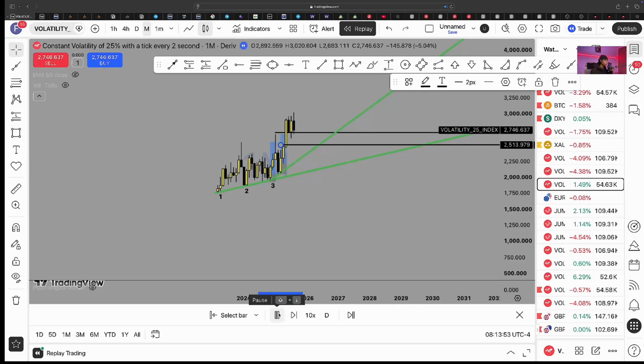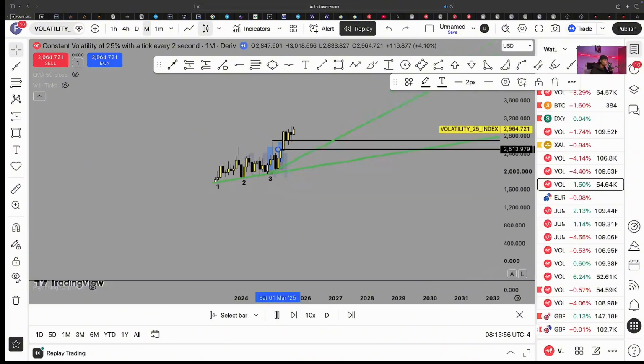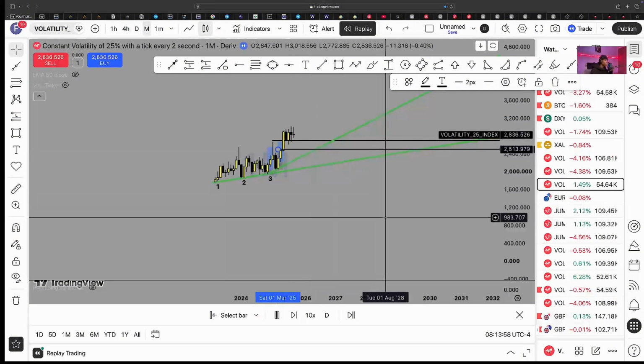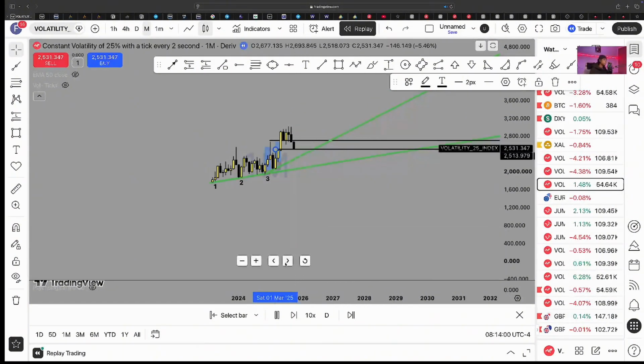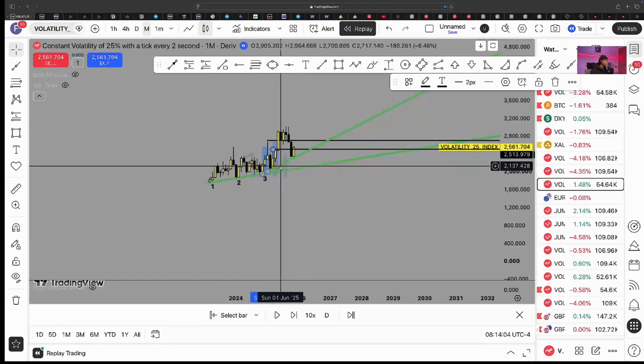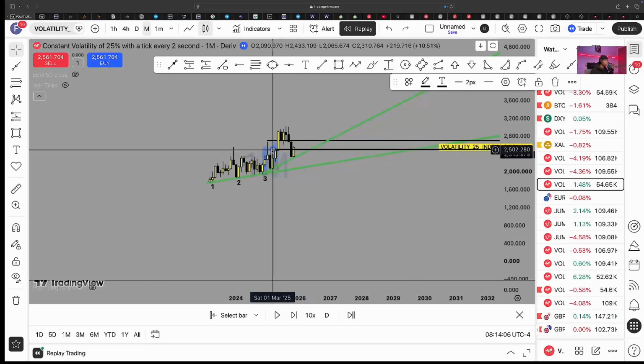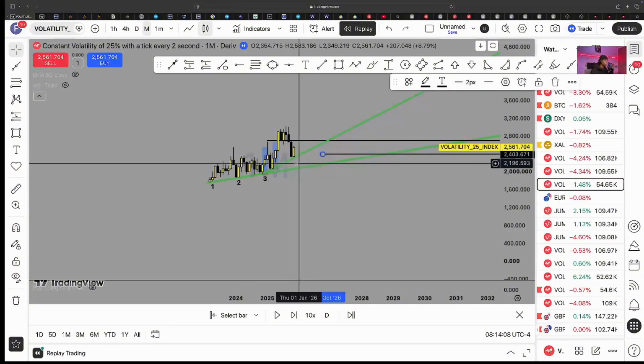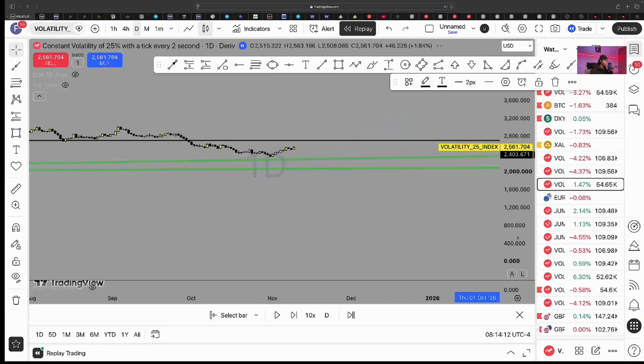So since we don't trade just imbalance, we're going to wait for price to get to our trend line. Then as you guys can see, we have a touch at the trend line I marked on my daily time frame.